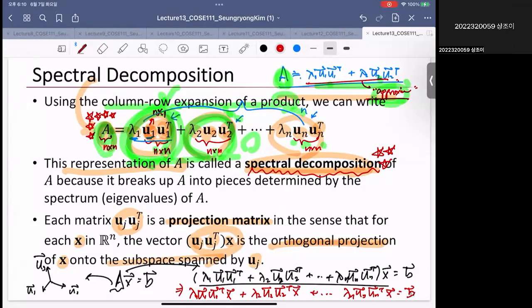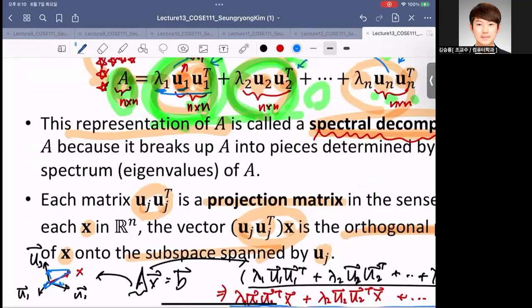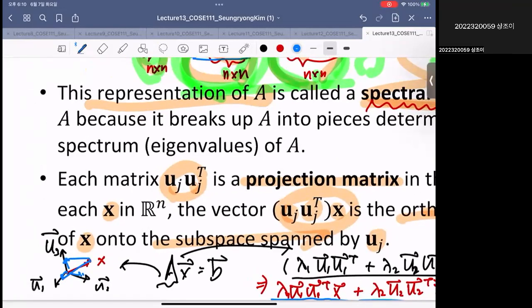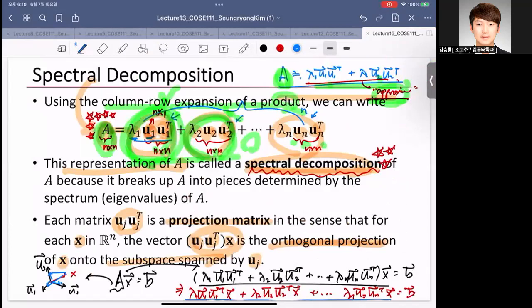In other words, let's say here is a matrix A, then the left hand side is going to be the sum of the vectors of the orthogonal projection onto u1, u2, and u3. The sum of these three matrices, three vectors. In other words, if you consider some of the vectors, then you can find the approximate solution for Ax equals b.